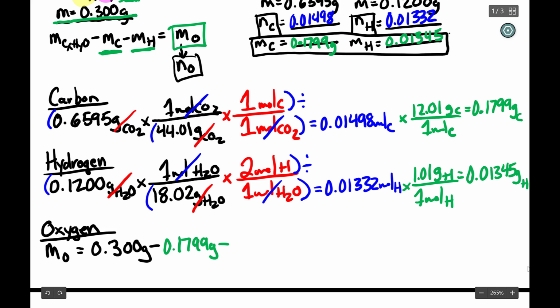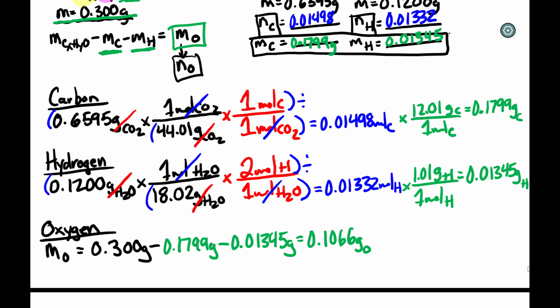We're going to subtract away the mass of hydrogen, 0.01345 grams. And when I put that in my calculator, I come out with a mass of 0.1066 grams of oxygen.